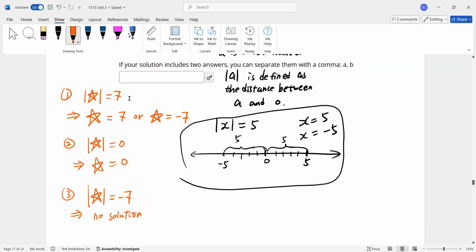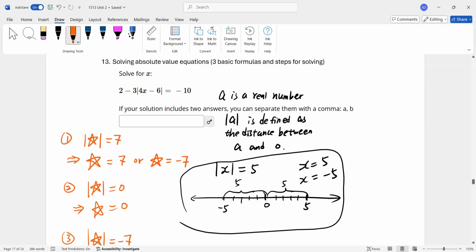If the right side is a positive number, you rewrite it as star equals 7 or -7. If you have the absolute value isolated on the left, right side is 0, then quickly conclude the expression inside the absolute value is 0. Or if you have absolute value isolated on the left side, on the right side you have a negative number, then you don't have to solve it because there's no solution. Okay, all right, let's practice.